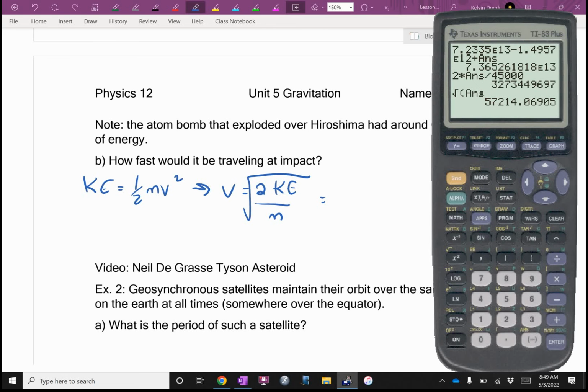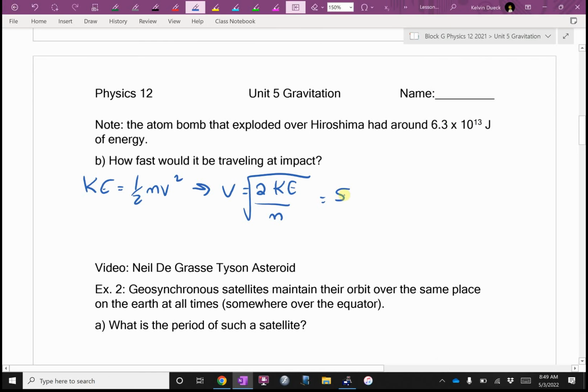And I get 57,214 meters per second. 57 kilometers per second. Is that fast? Pretty fast. More than escape velocity. I think escape velocity was 11,000 something meters per second.